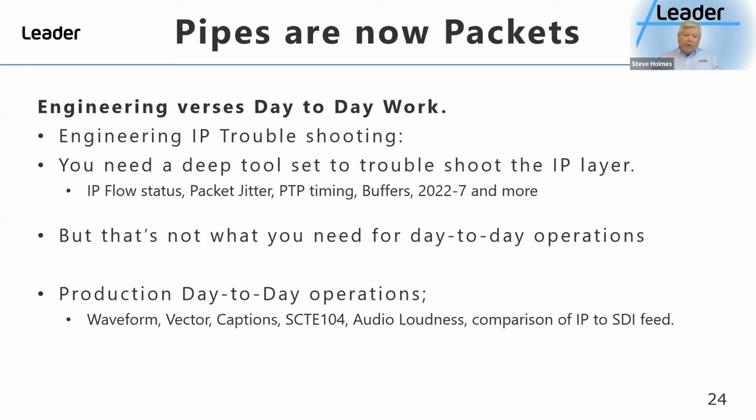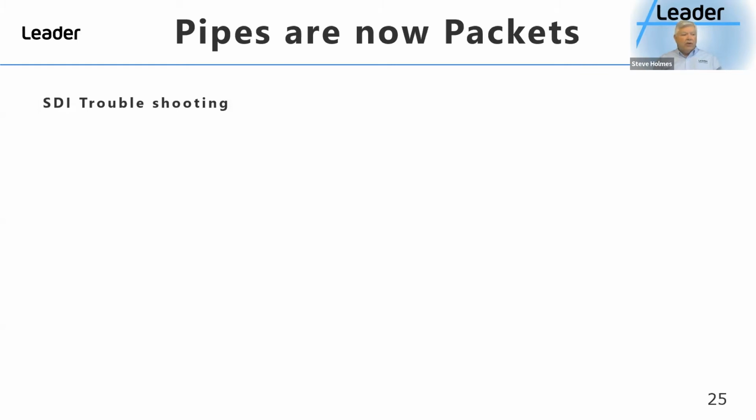Probably in some cases, we're going to have to look at SCTE 104 tags and make sure that we can insert captions or commercials where they need to be, audio loudness, and since we are converting from SDI to IP, we need to be able to see those conversions in a lot of cases right next to each other.